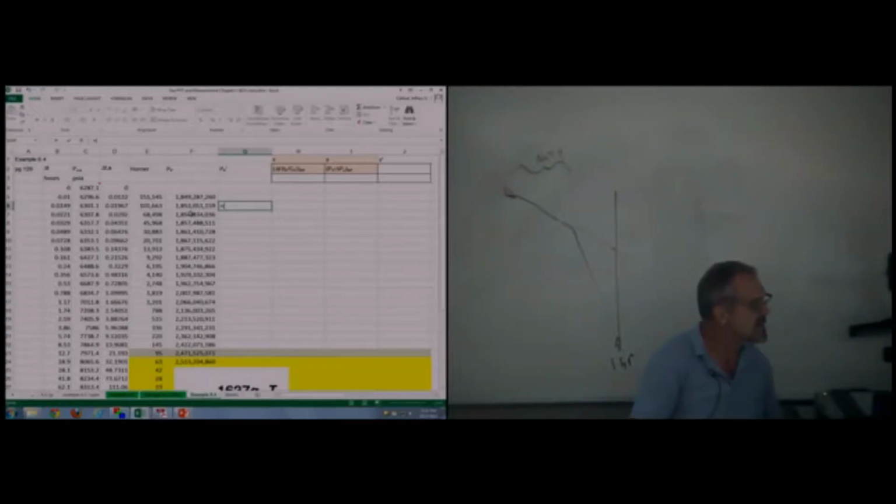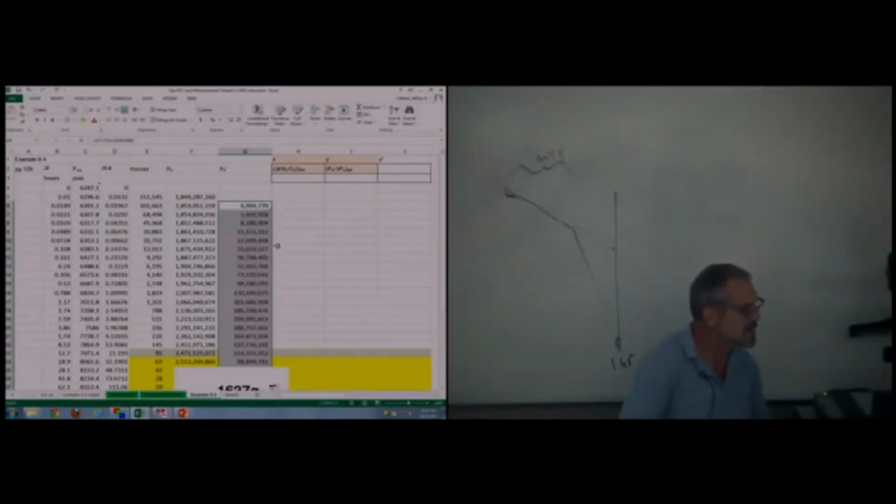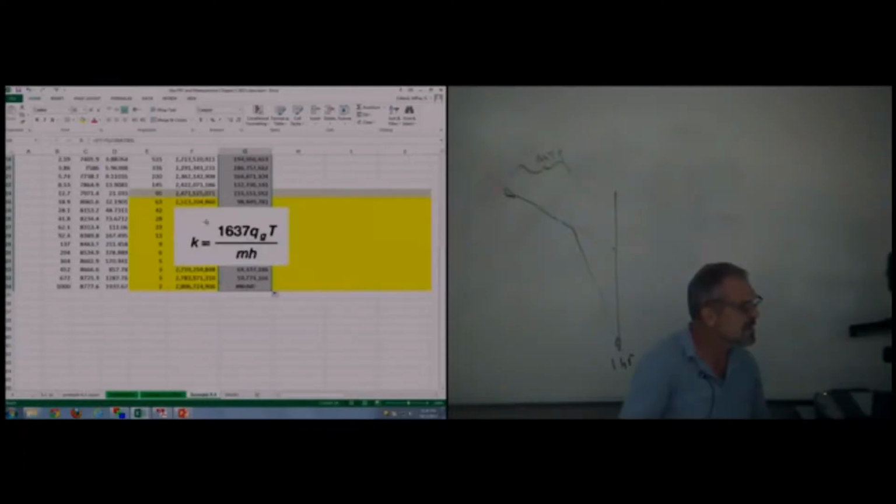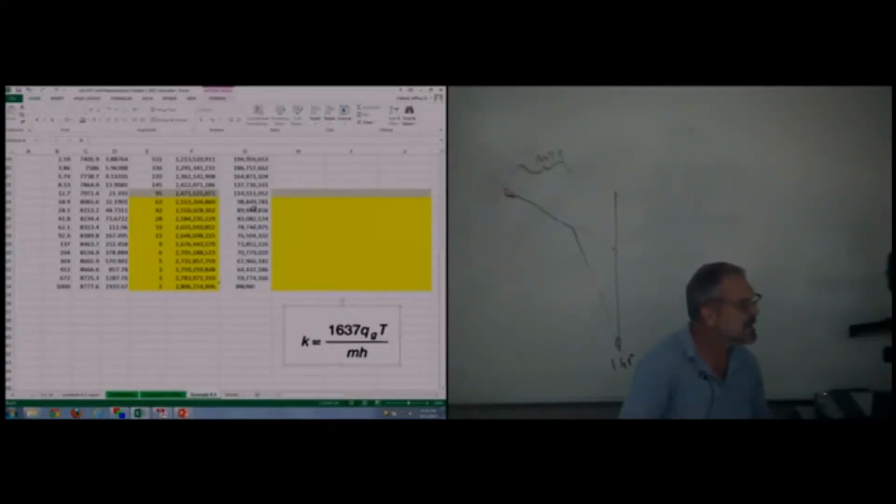I'm liking this technique right here where I skip. And see, this is the range where they become fairly constant.